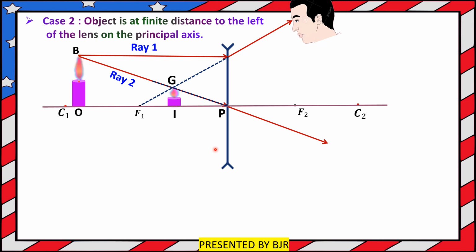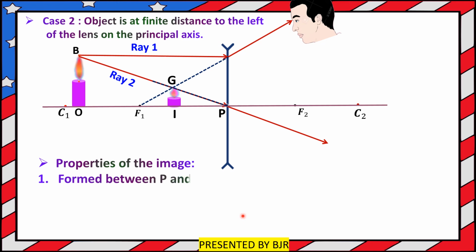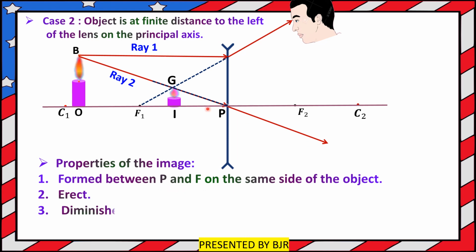So let us write the properties of the image formed in this case. Properties of the image: formed between P and F on the same side as the object, erect, that is, it is not the inverted one, and diminished. Let us compare the sizes of the object and the image.